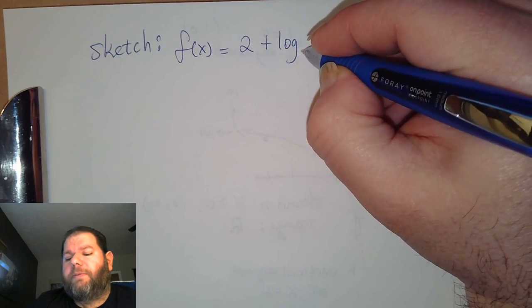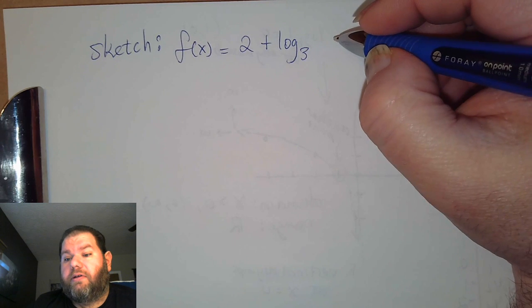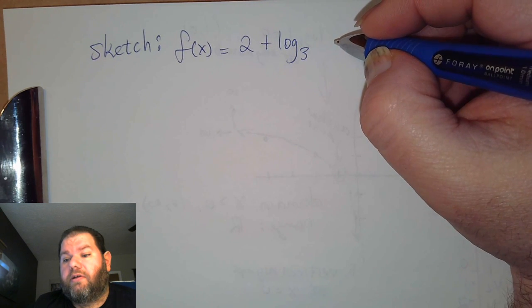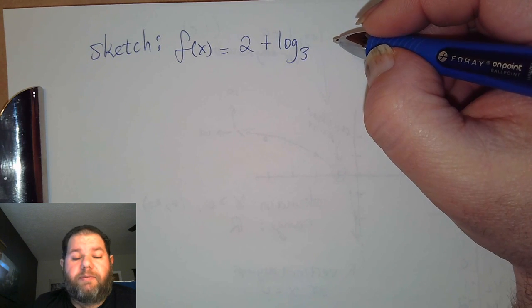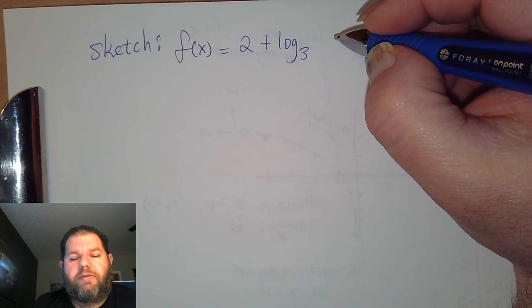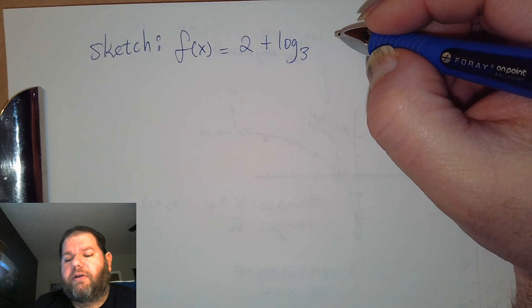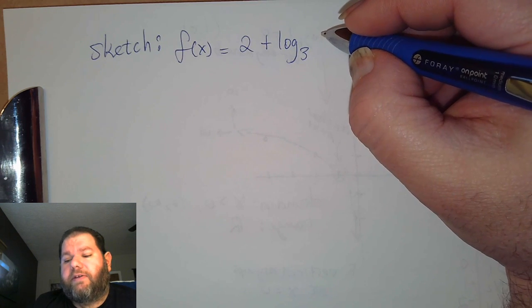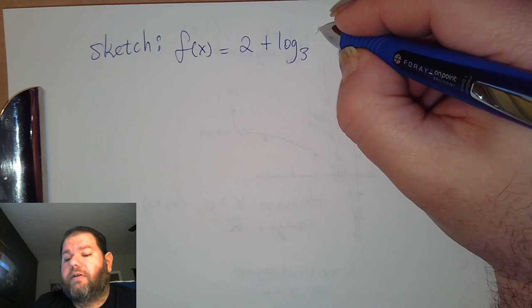One thing you'll notice about logarithms, well, for this chapter, it'll just be logarithms and exponents, just the basic ones there. 2 to the x, and then log base 2 of x.